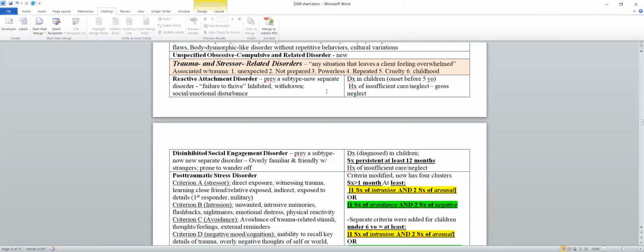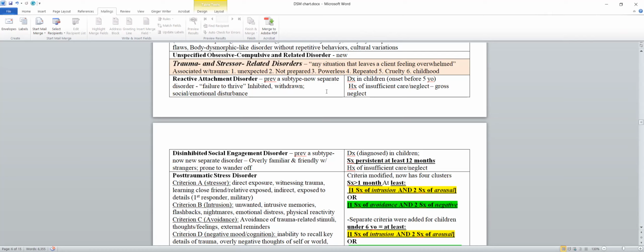Disinhibited social engagement disorder, previously a subtype, now a new separate disorder. These children are overly familiar and friendly with strangers and prone to wander off. There is a history of insufficient care and neglect. Symptoms persist at least 12 months.